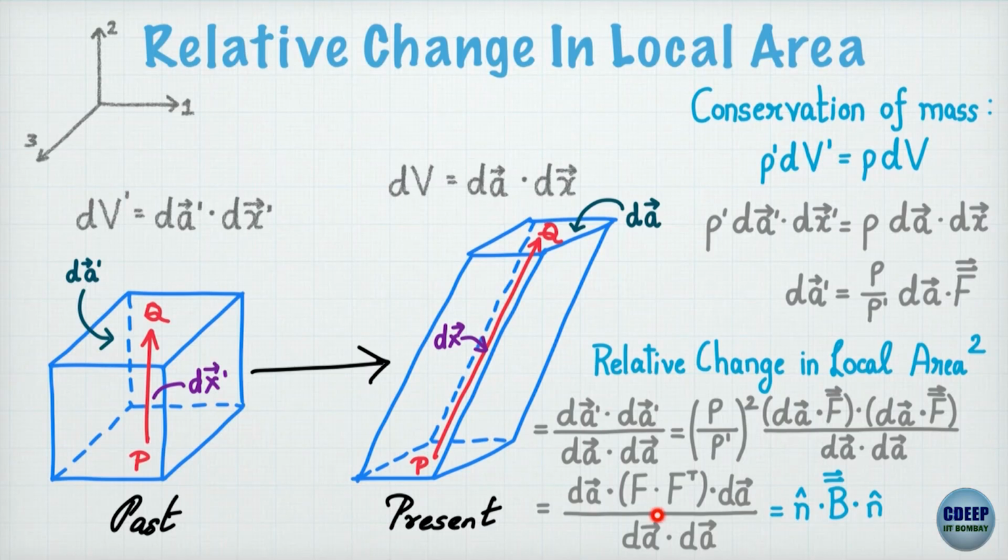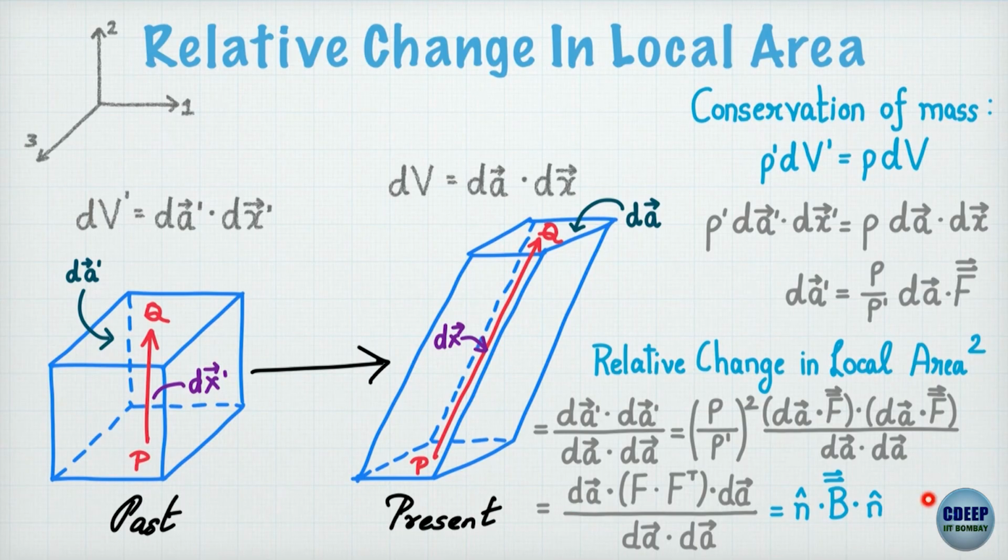You can further show that here you can invert this by taking the transpose, that dA dot F would be the same as F transpose dot dA, and you will get this expression, right. Now, F dot F transpose is nothing but our Finger tensor, right.